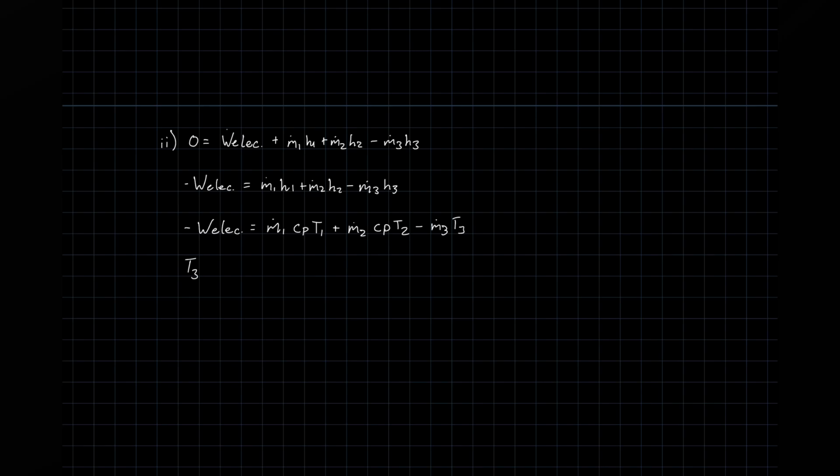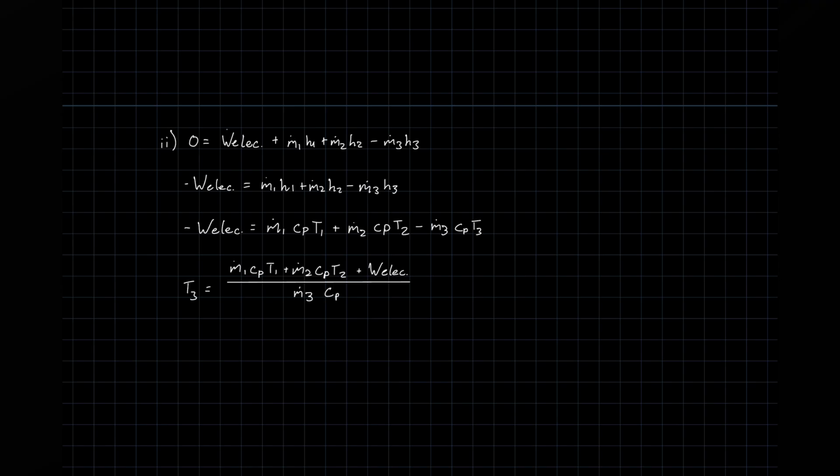So you get that T3 is equal to M dot 1 Cp T1 plus M dot 2 Cp T2 plus W elec, divided by M dot 3 Cp. And here I'm missing a Cp. There we go.